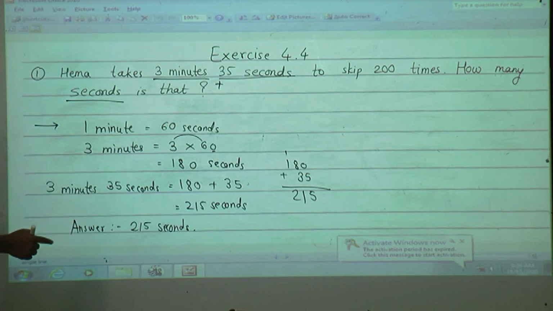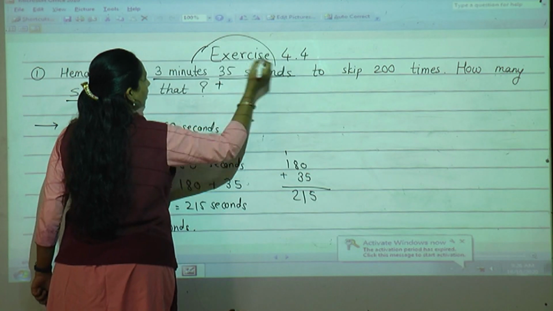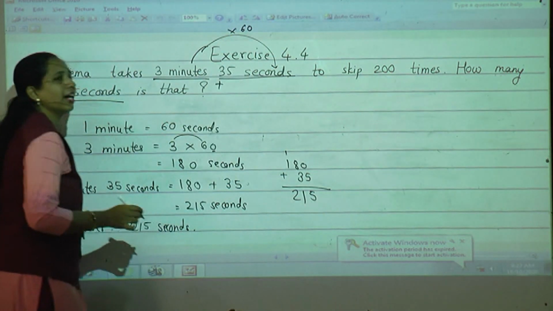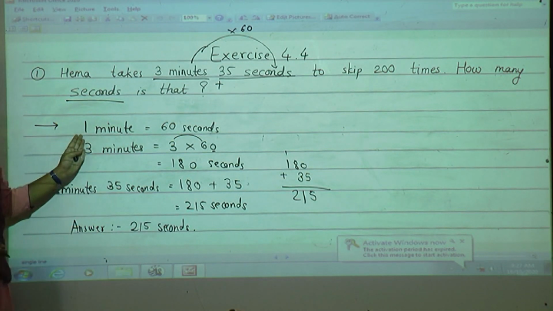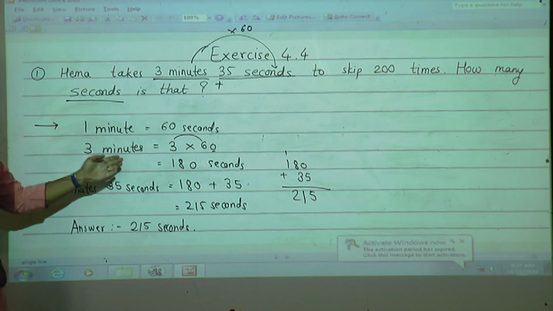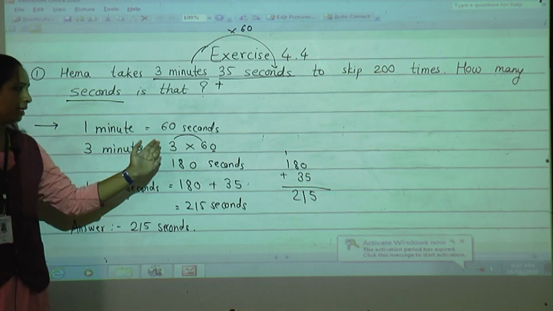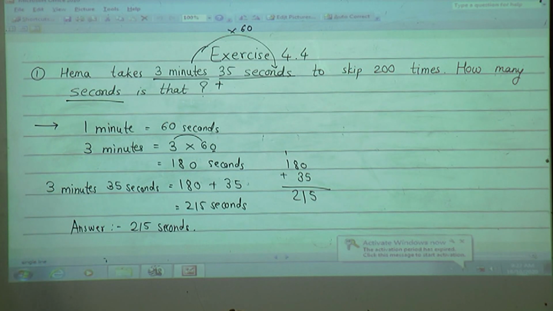This we have to convert into seconds. When you convert minutes into seconds, what do we have to do? Multiply by 60. So I have done the same. I have written 1 minute is equal to 60 seconds. So 3 minutes is equal to 3 multiplied by 60, and we get 180 seconds.